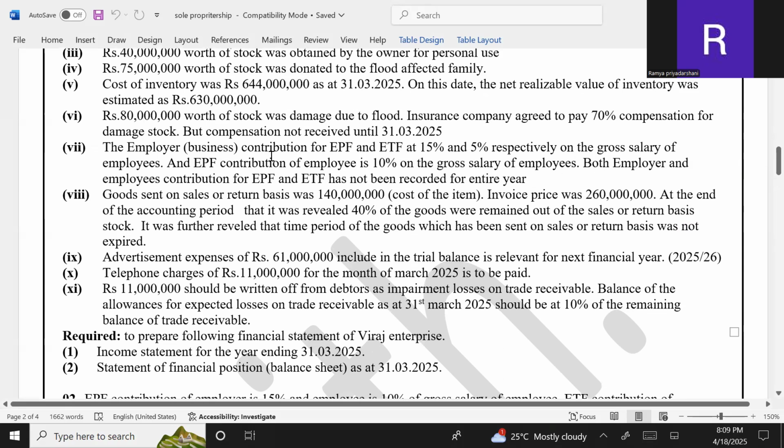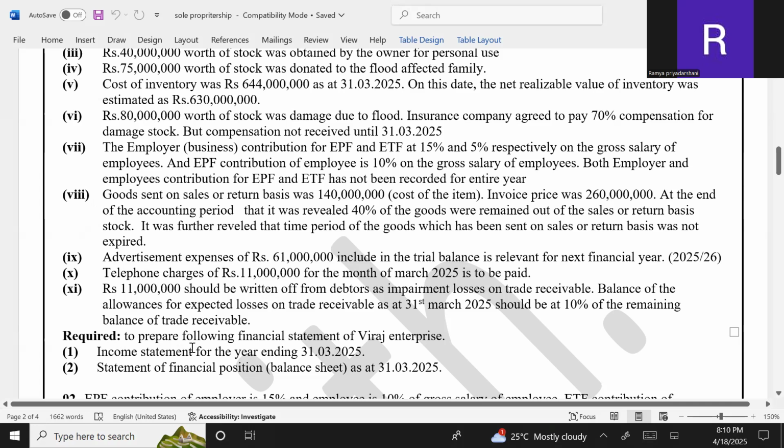Eighth, goods sent on sales or return basis, very, very important. Ninth, prepaid expense. Tenth, accrued expense. As well as eleventh, bad debts and doubtful debts. There are 11 adjustments available in this example.